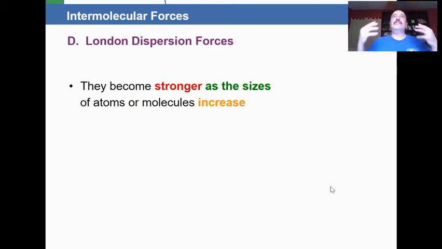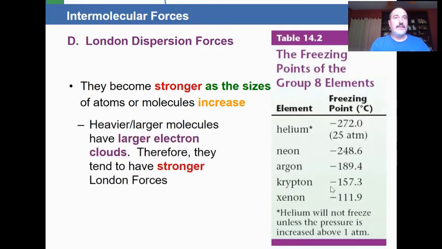Why? Well, since they are caused by the motion and movement of electrons to one side of the molecule or atom, the larger the molecule or atom, the more electrons, and therefore the greater the negative and positive charges would be, okay? Larger molecules have larger electron clouds, and therefore they tend to have stronger London forces.